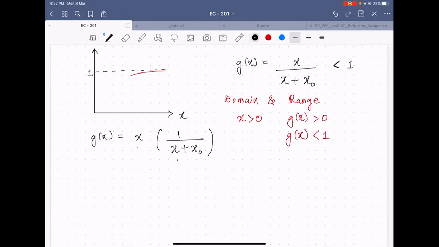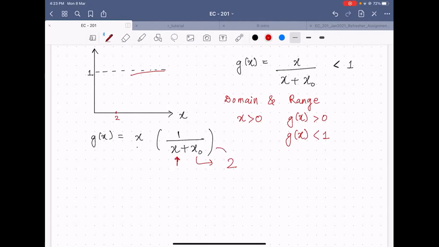And then I look at, say, the value of x naught is anything. This is just for an assumption. Say the value of x naught is 2. So for values less than 2, this x is not very significant in front of x naught.